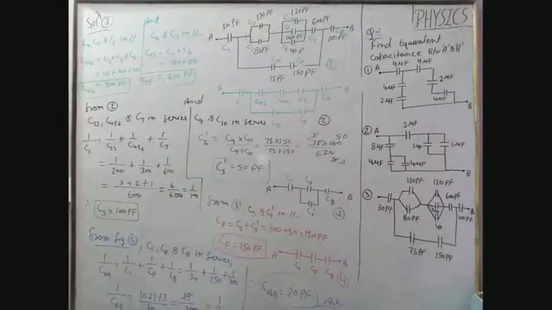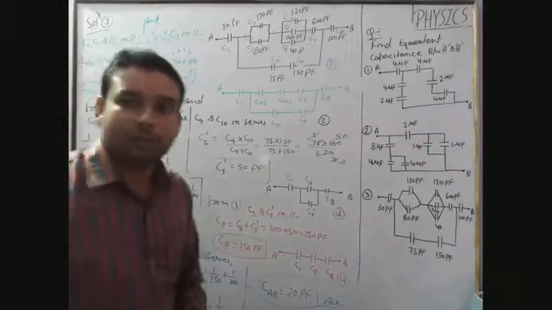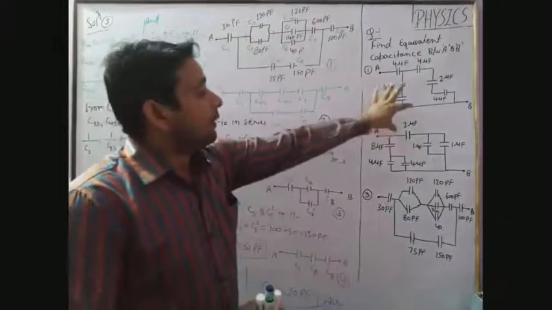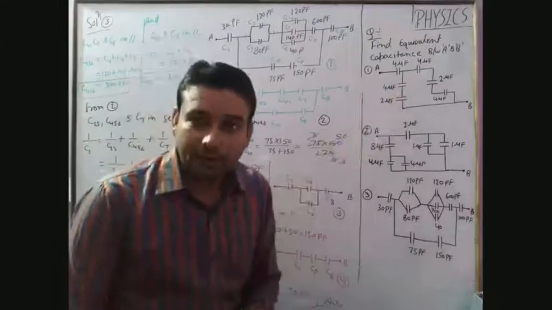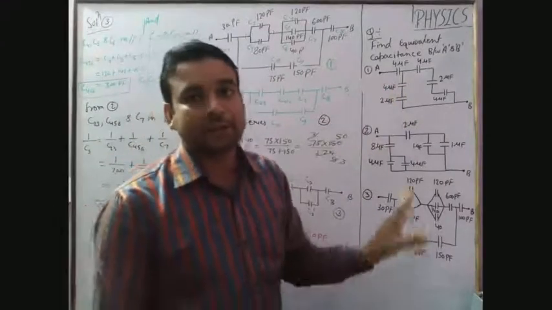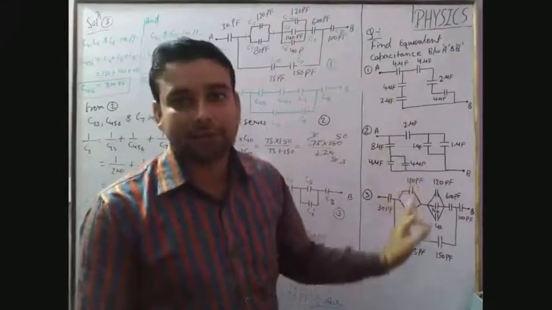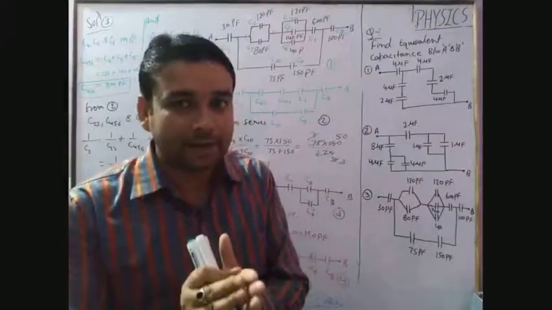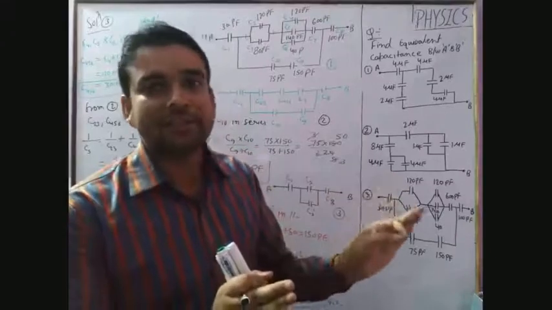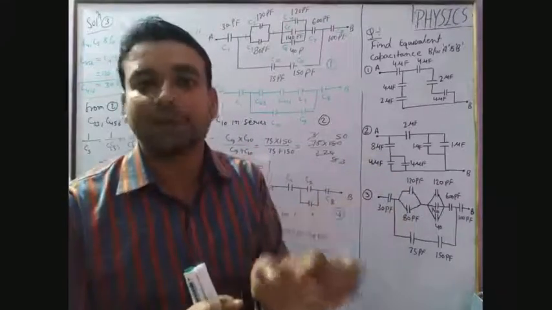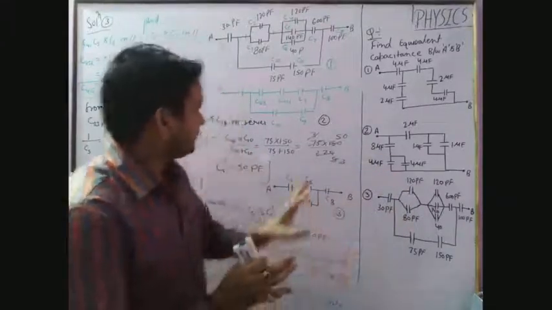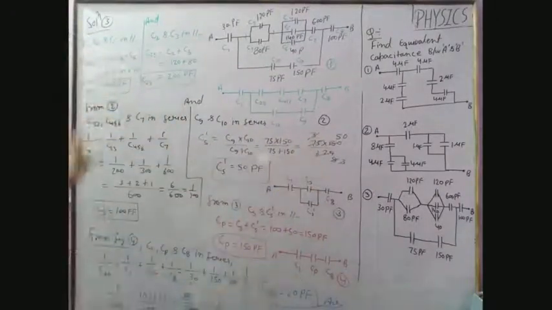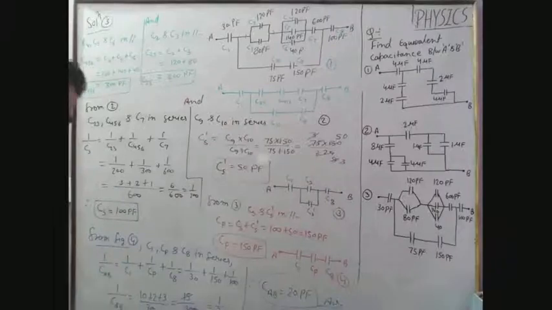Okay, so students, it is very clear that if you identify in capacitor related network or circuit numericals which capacitor is connected in series combination or which one is in parallel combination, you will easily solve the numerical by doing so.